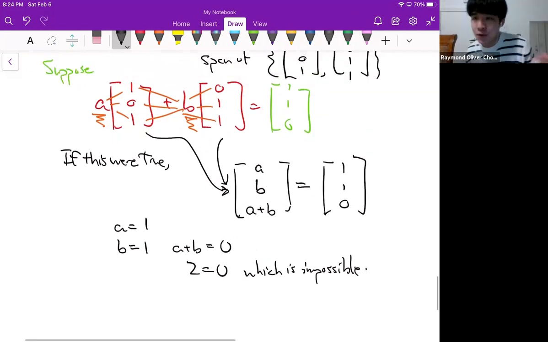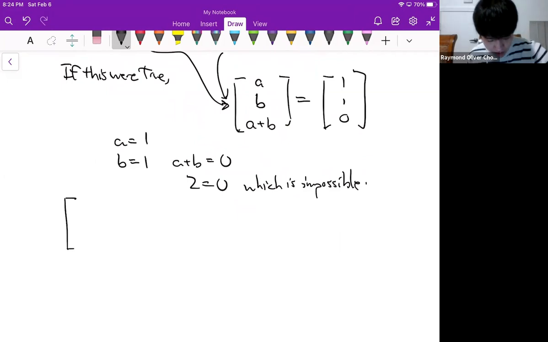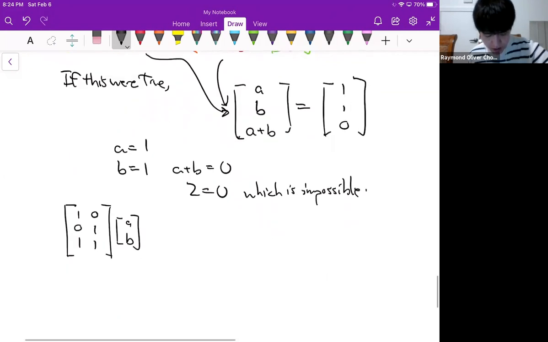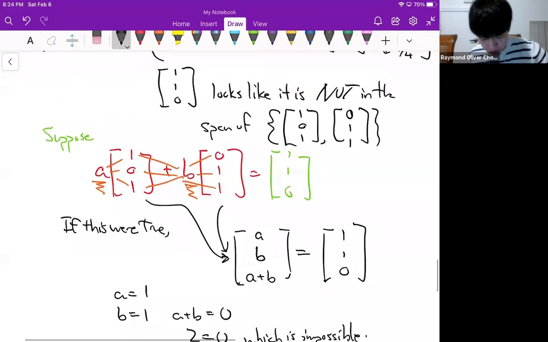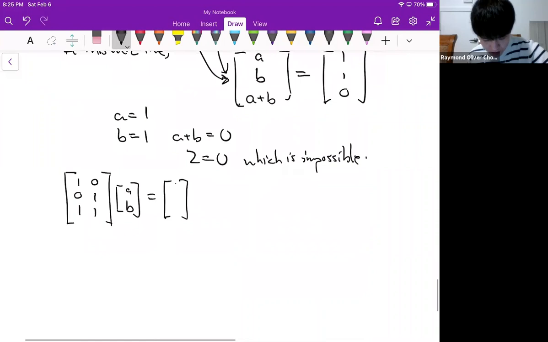Yeah, okay. If you remember from last time, if you watched the video before this one, you would do something like this. Let's see, 1, 0, 1, 0, 1, 1, and then 1, 1, 0. You would notice that this was actually impossible, right?